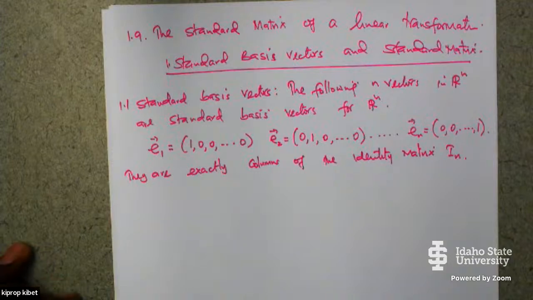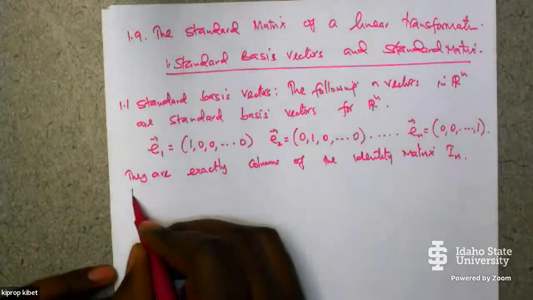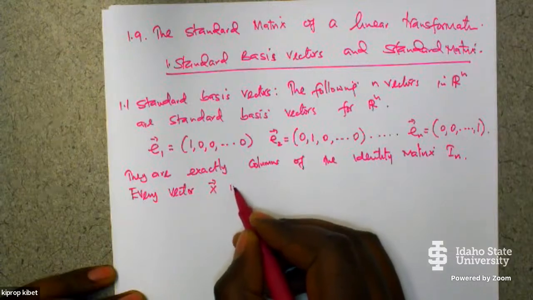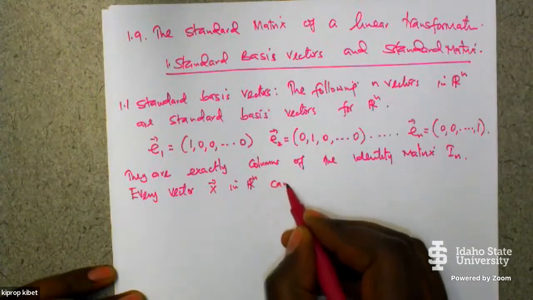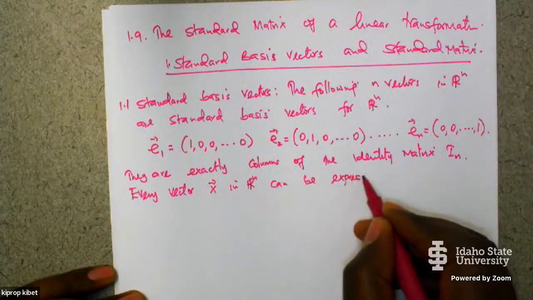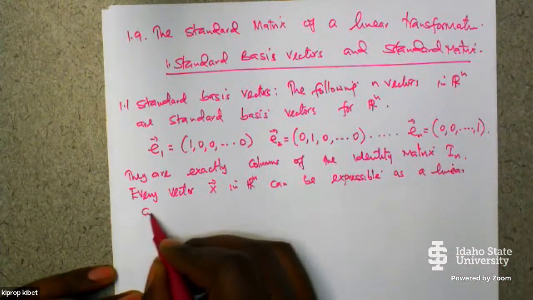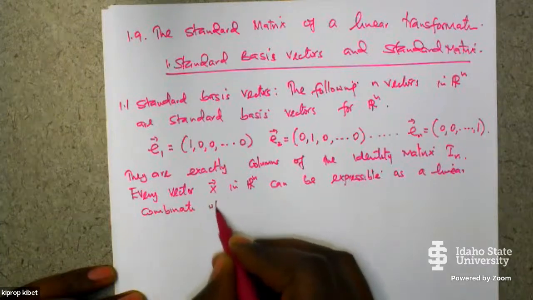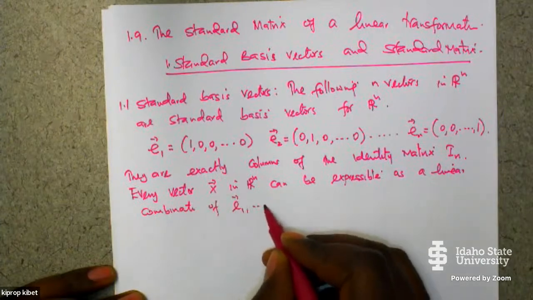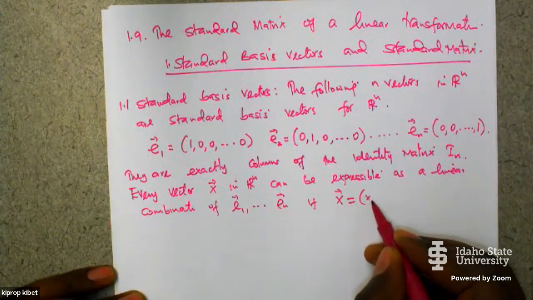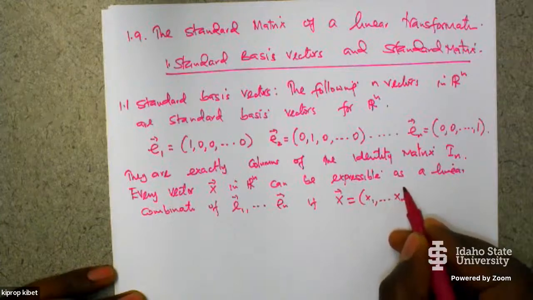So we can express this as a linear combination. Every vector X in Rn can be expressed as a linear combination of E1 all the way to En, if X equals (X1, all the way to Xn).